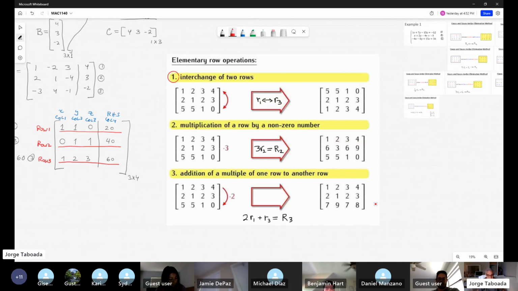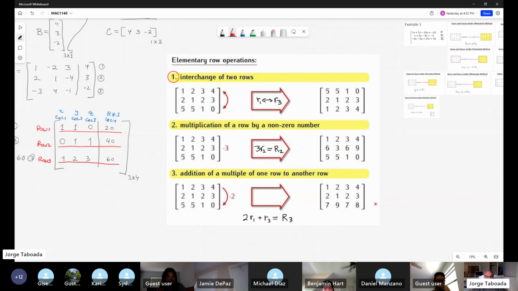It doesn't matter. If the system has three equations, one, two, three, and you swap 1 and 2, the system is the same. You don't understand yet why you have to interchange, but I will explain in the example. So it's perfectly legal.